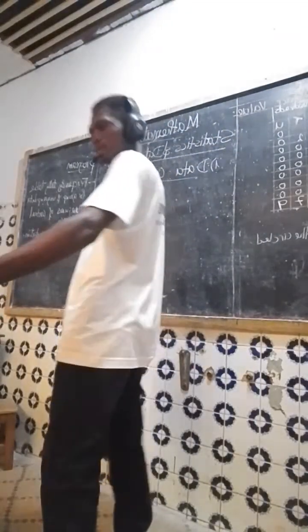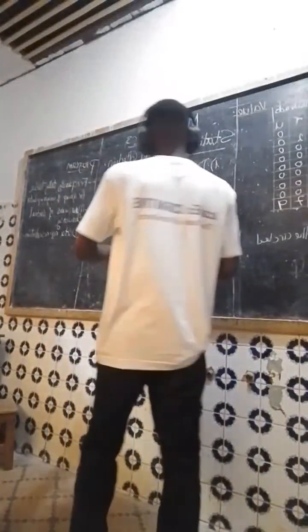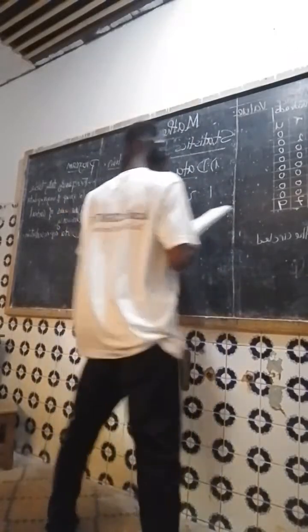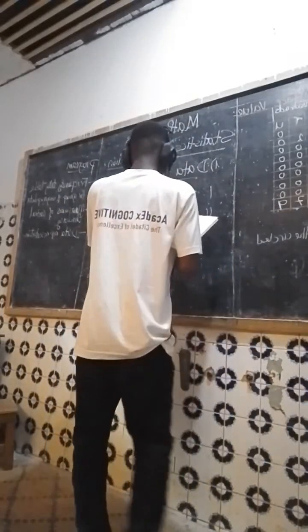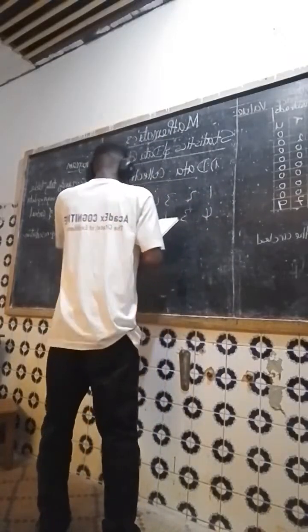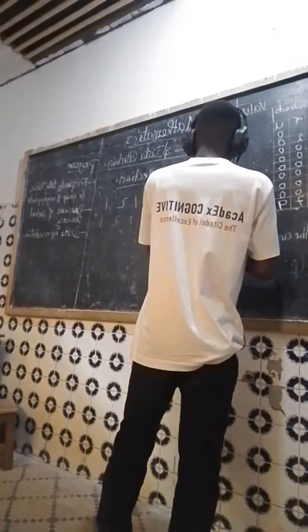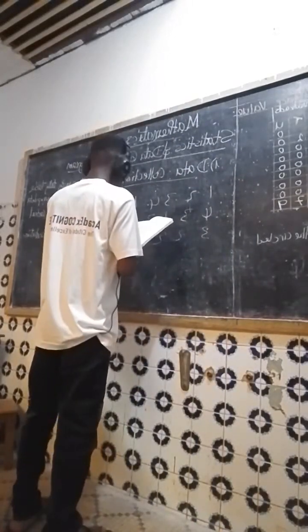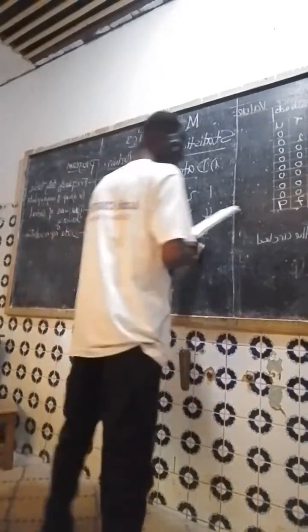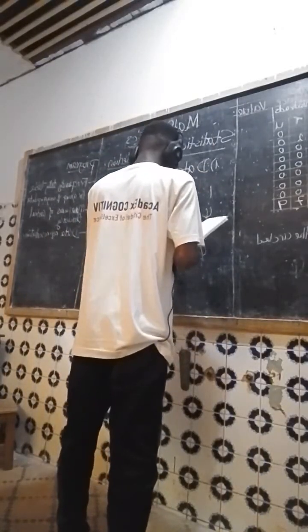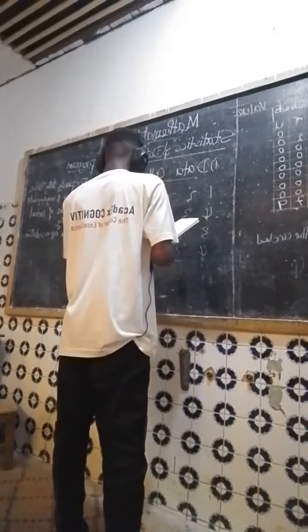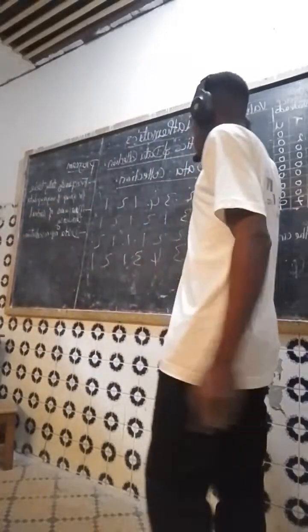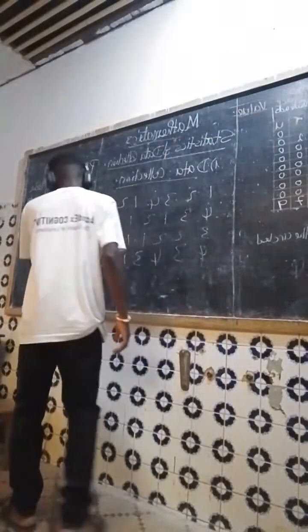Okay, I'll still put it here on the board. 1, 2, 3, 4, 1, 2, 1. 4, 3, 1, 2, 1, 2, 1. 3, 2, 2, 1. 1, 1, 2. 4, 3, 4, 3, 4. 3, 1, 2, 1.